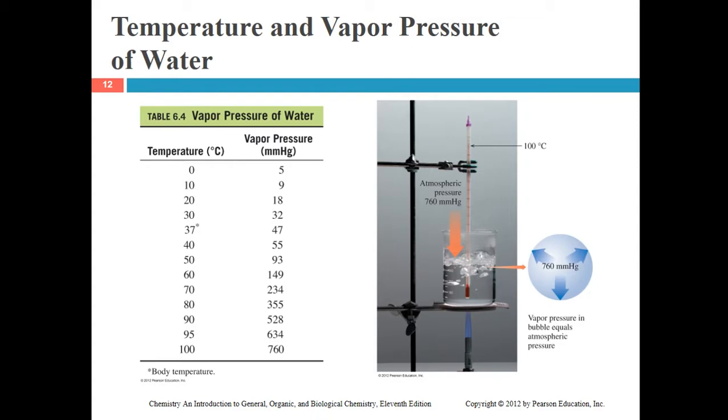We're at a little bit higher altitude here in the Casa Grande area, about 1,100 feet. So the temperature at which water boils is going to be a little bit lower. You'll notice the vapor pressure of water at sea level at 100 degrees is 760. That 760 millimeters mercury should ring a bell with you.